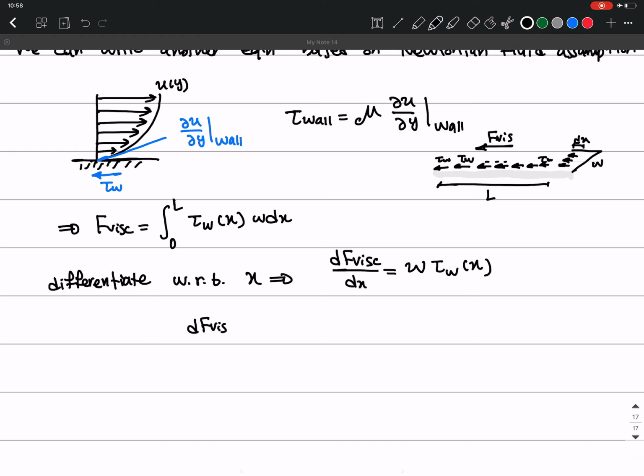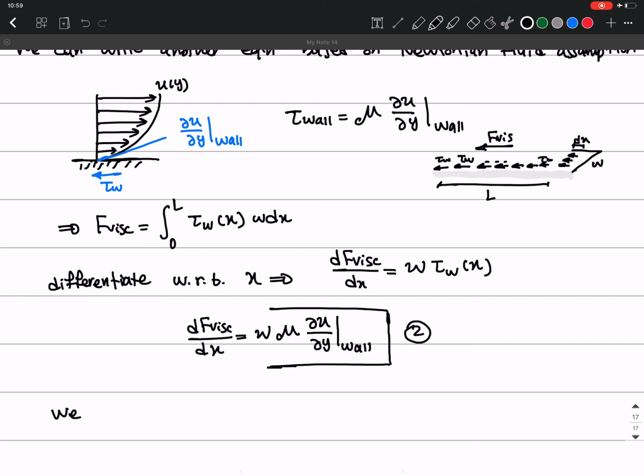dF viscosity over dx equals W mu partial u over partial y at the wall. So this is going to be equation 2. Okay. So now we have two equations, 1 and 2, but three unknowns.